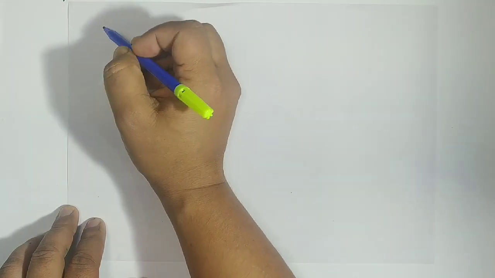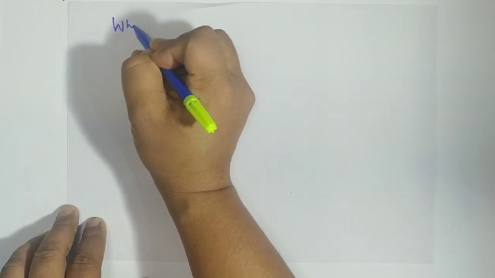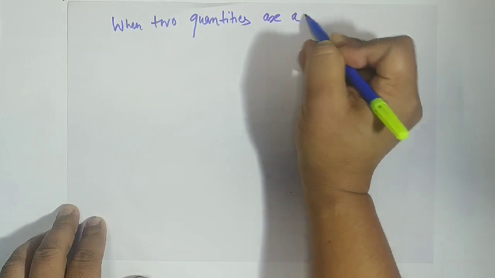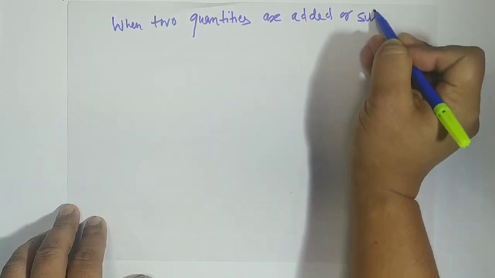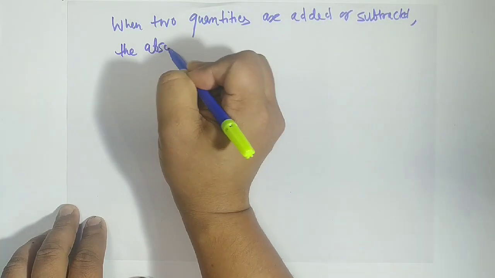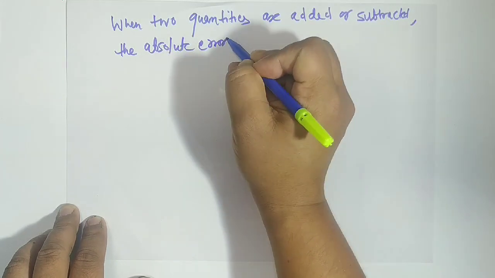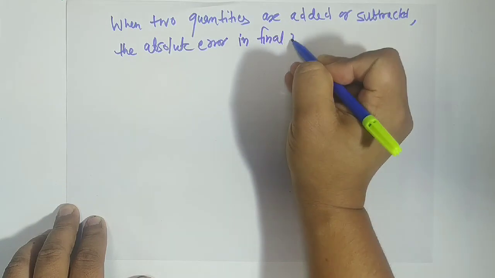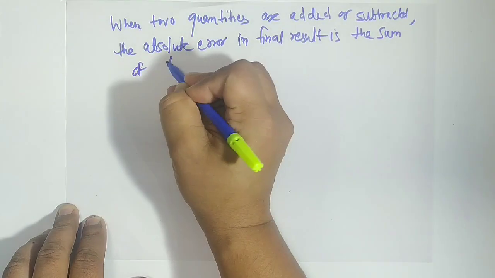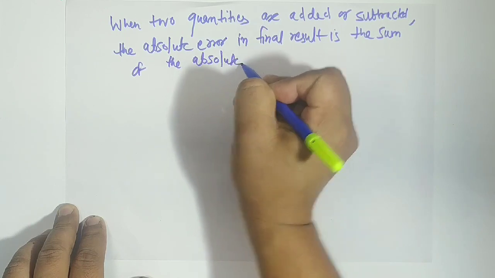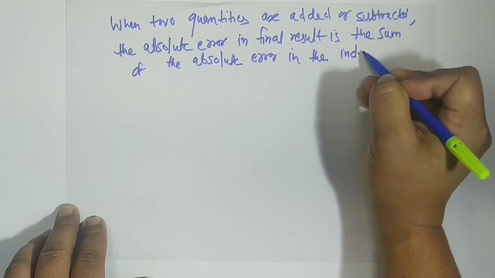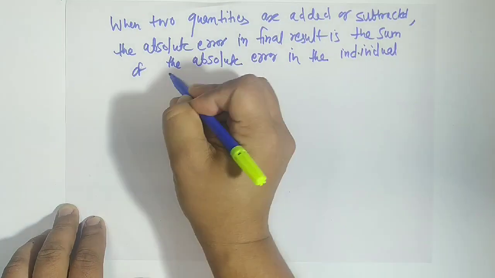One thing is that when two quantities are added or subtracted, remember, the absolute error in the final result is the sum of the absolute errors in the individual quantities, or the measured quantities. This we have discussed.